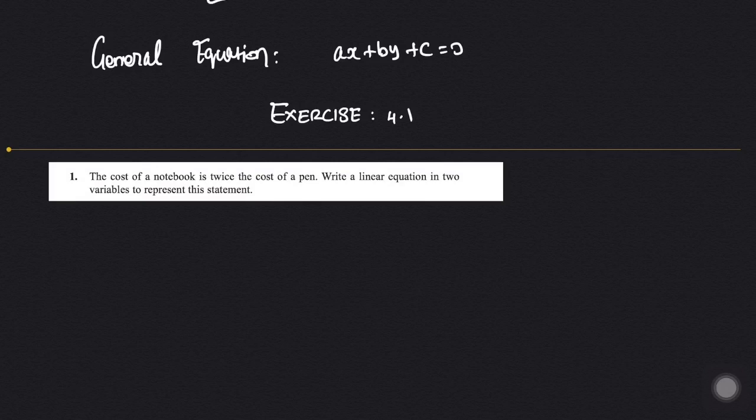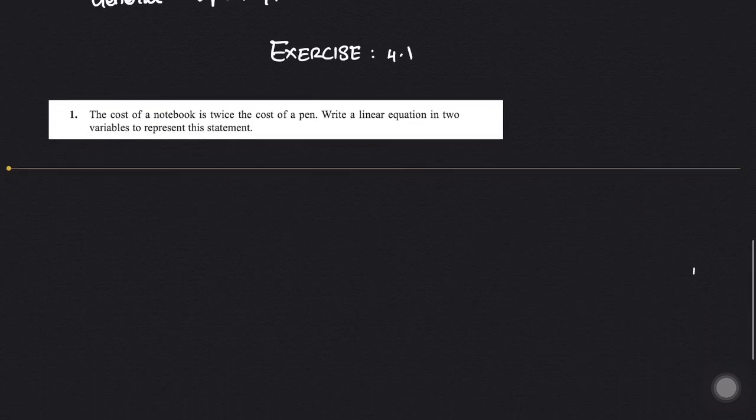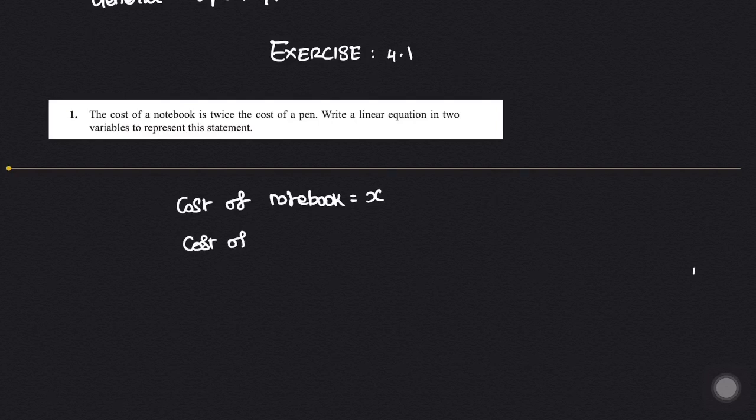Now move to exercise 4.1. The first question: the cost of a notebook is twice the cost of a pen. Write a linear equation in two variables to represent this statement. The cost of notebook we take as x, and the cost of pen as y.